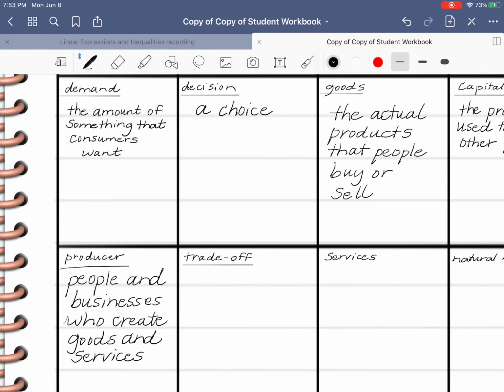Choosing one thing over another. After careful consideration.